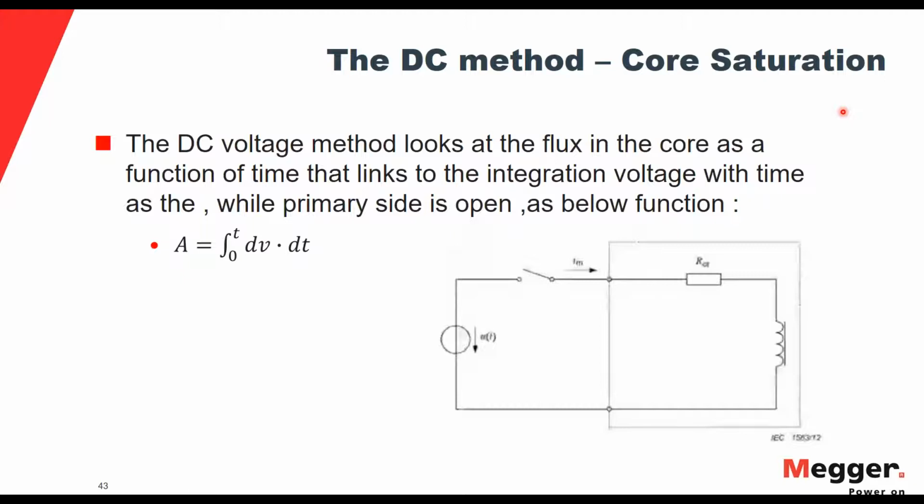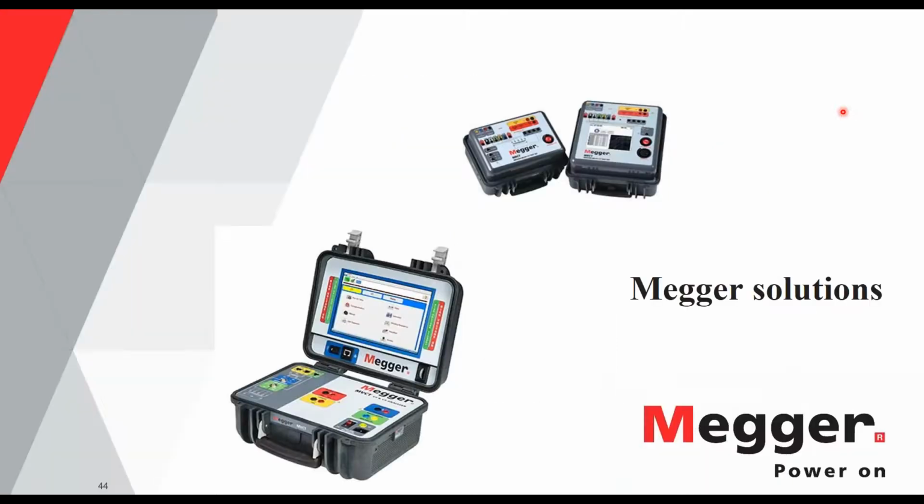All of these advantages are included in our MVCT and MRCT solutions. Both of these solutions can give you these advantages in testing your CTs, and give you the ability to have a CT tester that is very compact and cheaper than the conventional method.